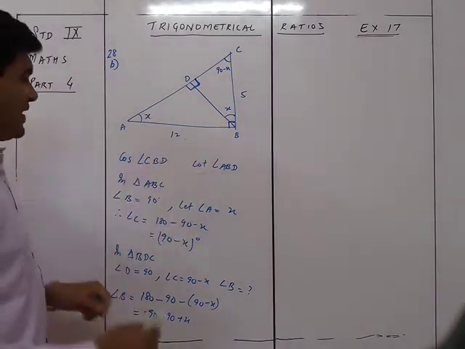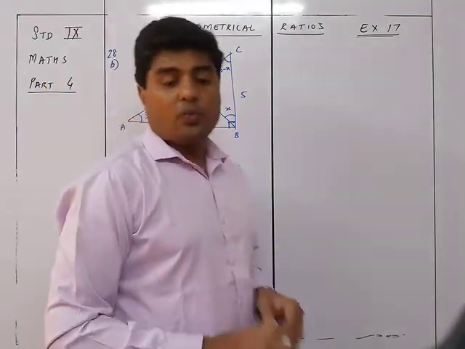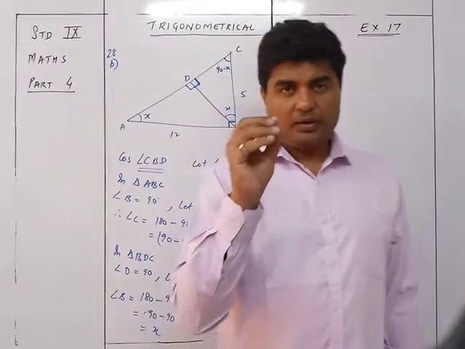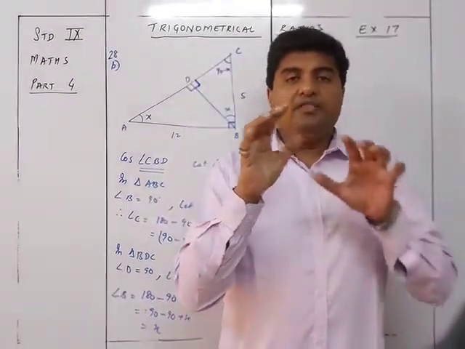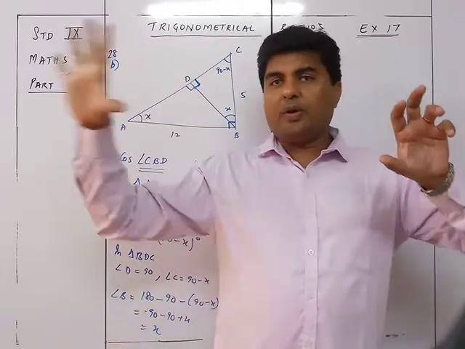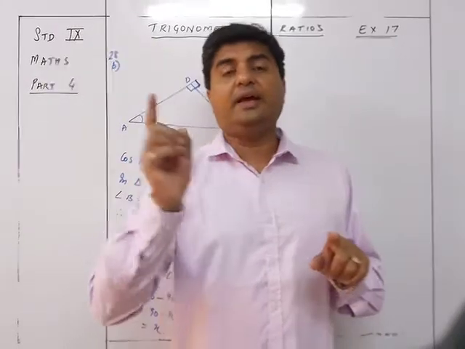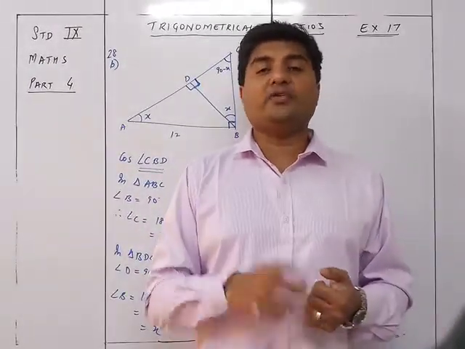So if I want angle CBD, always remember one thing: if the angle is x, and there are two triangles, one smaller and one bigger, but the angle is the same, then the ratios of cos theta, tan theta, or sin theta will always be the same.